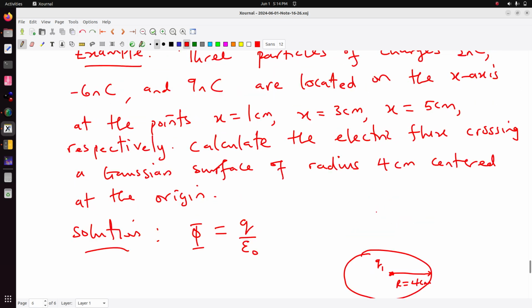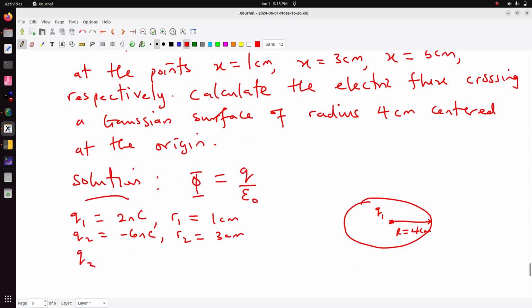The second charge is minus 6 nanocoulomb. So Q1 is 2 nanocoulomb at position R1 of 1 centimeter. Q2 is minus 6 nanocoulomb at position R2 of 3 centimeters.